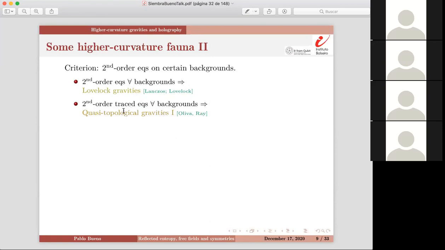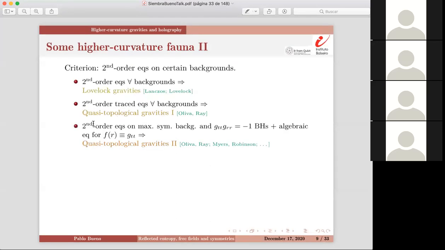You can relax this even a bit more, and ask only for second-order equations on maximally symmetric backgrounds, so only perturbations around the vacuum propagate with second-order equations. And then an extra condition, which may seem a bit weird here, but I'm not going to spend a lot of time speaking about the properties of this theory because I'm more interested in applications: that black holes which are spherically symmetric and static in this theory are characterized by a single function, and the function satisfies an algebraic equation.